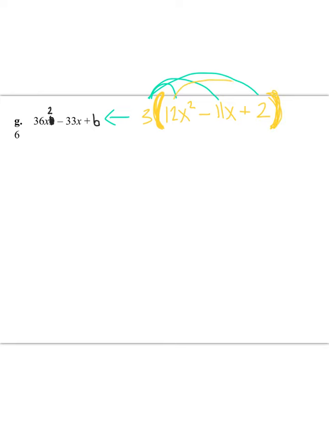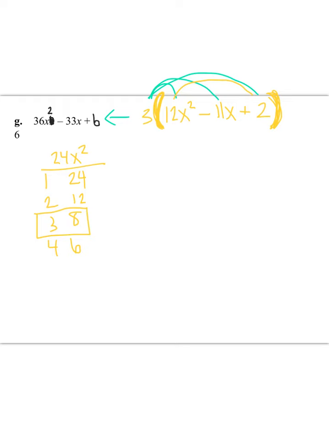So 2 times 12 is 24x squared. I need to find my factors of 24 and decide which pair adds up to negative 11. And that's going to be the 3 and the 8, right?